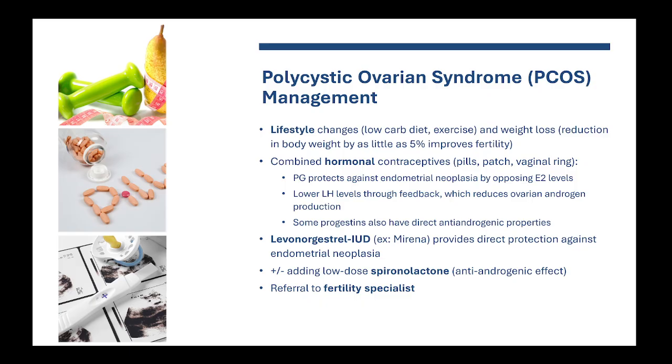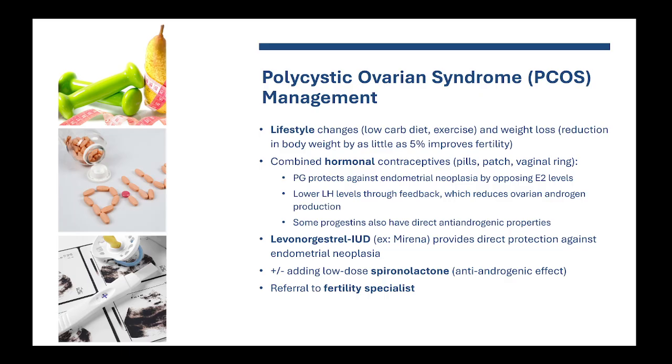But to keep in mind is that it's very hard for these patients to become pregnant because they are anovulating. So if there is a desire for fertility, then they need usually to be referred to a fertility specialist. Also to note, you can add spironolactone to the medical treatment of these patients.